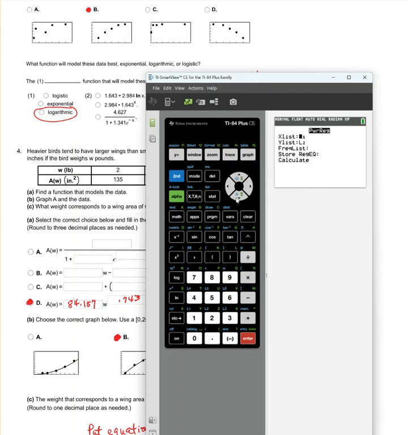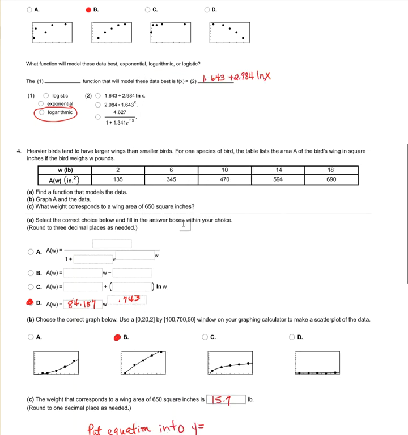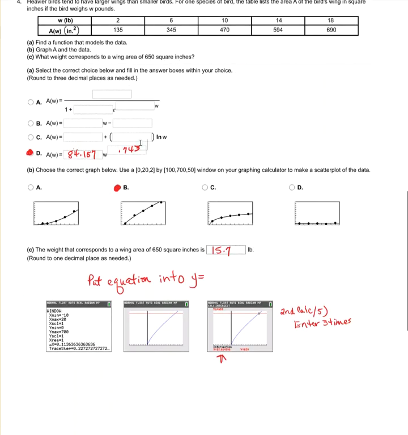You're just choosing it, and it's not one that was in your actual notes, but we'll still do it. And then we get the right things. So here's your A. So that's this 84.157. And then you have X or W raised to this power. And they said round to 3. So we got those.